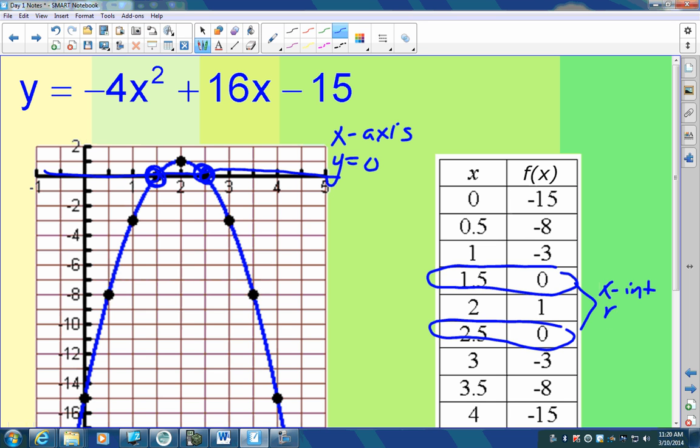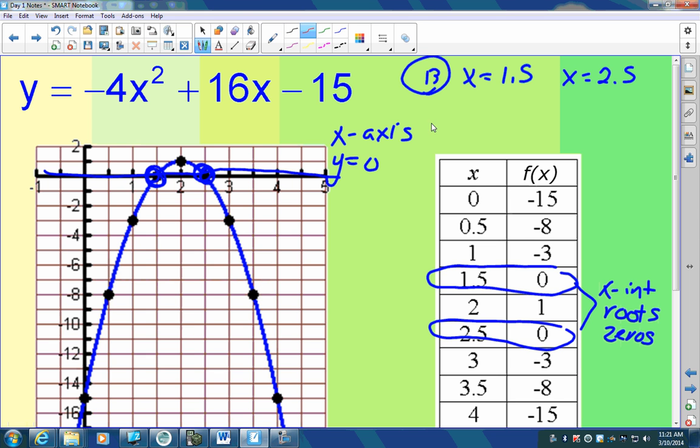We also call them roots. We call them zeros. You're going to have to know those because I'll ask you those by name. Then number 13 on your paper says, what are the x coordinates of the points you highlighted? X equals 1.5. X equals 2.5.